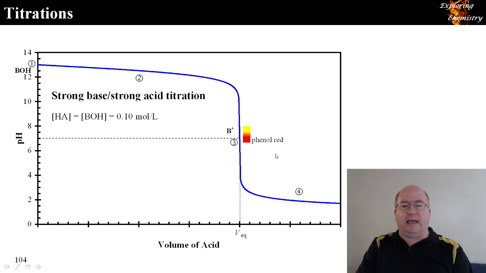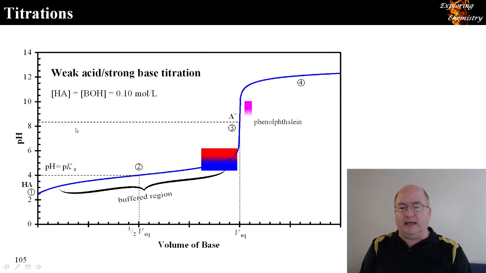Now let's look at a weak titration. Notice again, between 1 and 2, it's linear. Here there is a slight degree of curvature between regions 1 and 2. In here, the initial acid concentration, despite being 0.1 mole per liter weak acid, the initial pH isn't 1 because only a fraction of the acid dissociates.